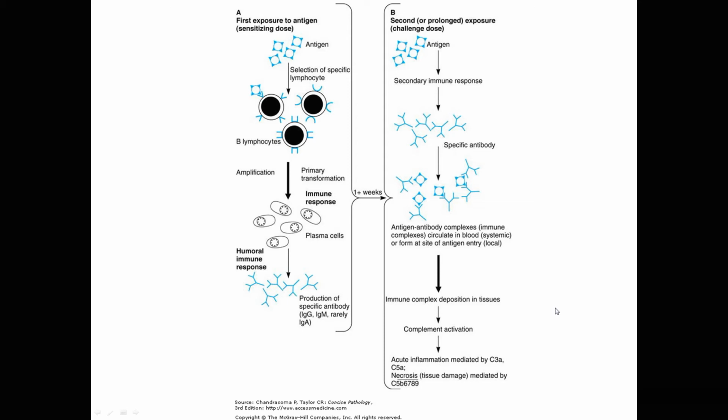Again, the mechanism includes complement activation and activation of other inflammatory systems such as the coagulation cascade and platelet aggregation. This local complex disease also is characterized by necrosis, fibrinoid necrosis.